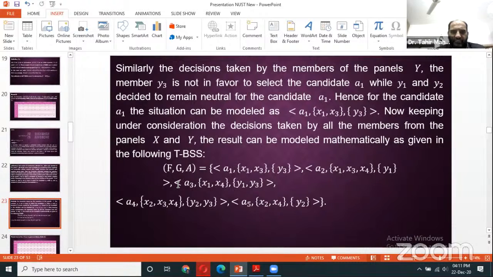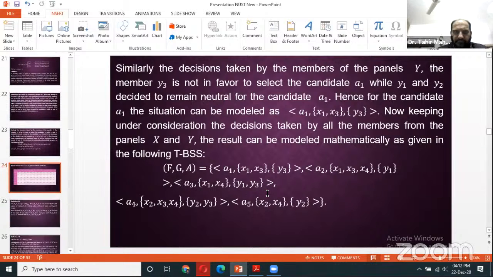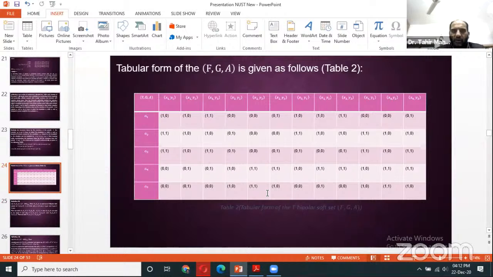Now, keeping under consideration the decisions taken by all the members from the panels X and Y, the result can be modeled mathematically as given in the following T-bipolar soft set. So, the result can be modeled this way. And the tabular form of this T-bipolar soft set (F, G, A) is shown in this table too.